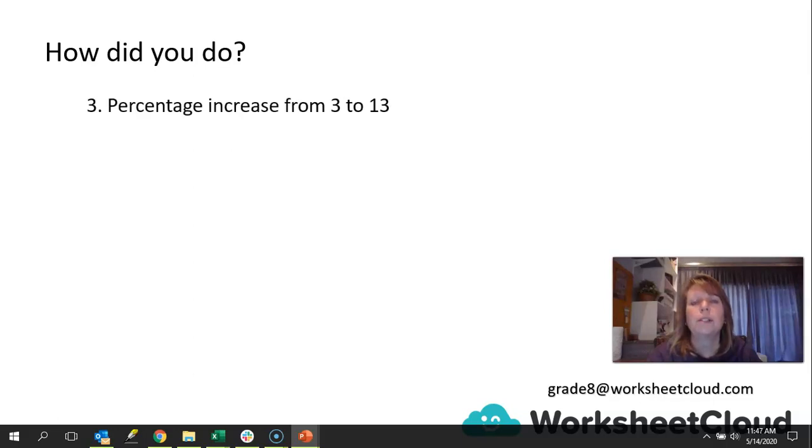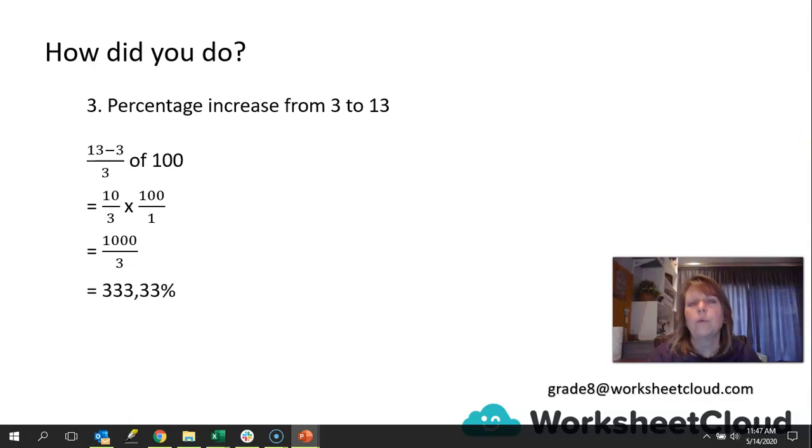We have to find the percentage increase from 3 to 13. Okay, I'm going to explain to you how this works out right at the end, or why the answer is as it is. Okay, we're going to take our two amounts and find the difference. So it will be 13 minus 3 all over our original amount, which was 3, of 100. That gives me 10 over 3 times 100, which will give me 1,000 over 3.